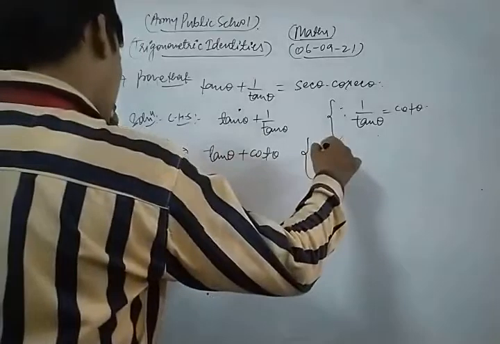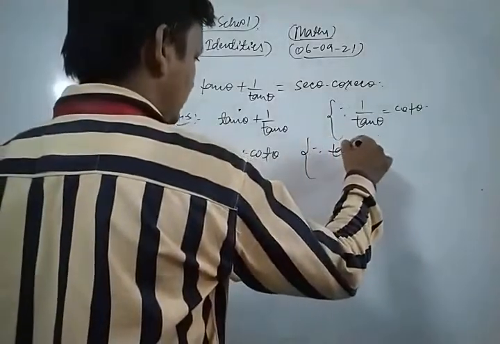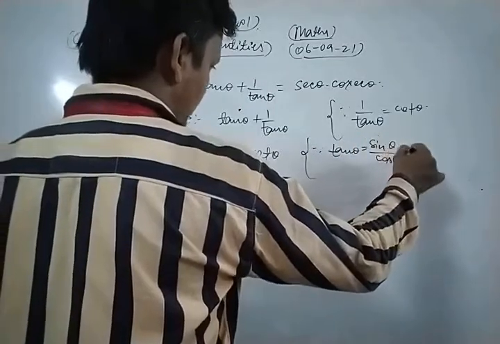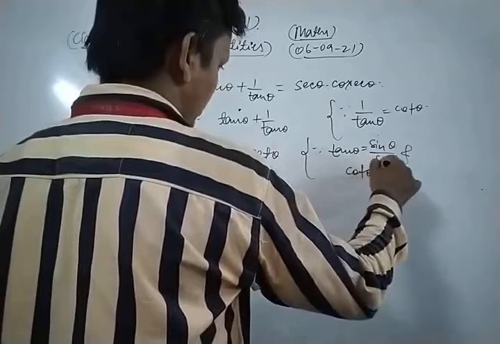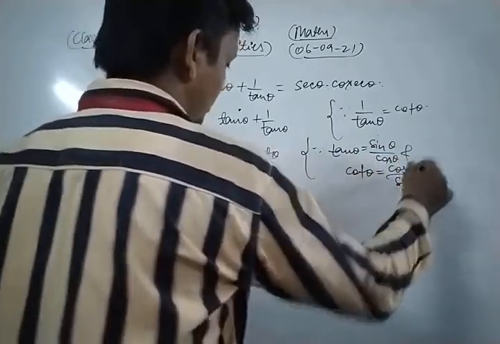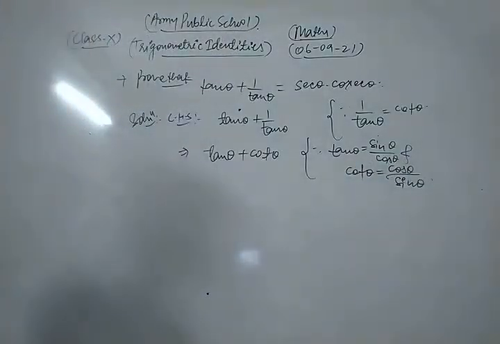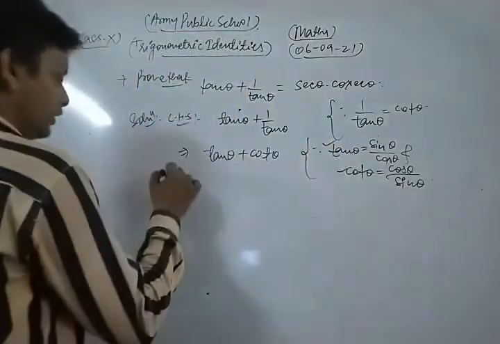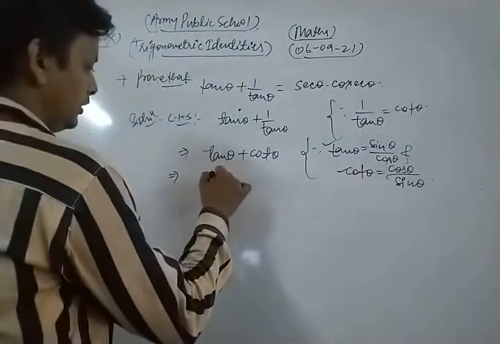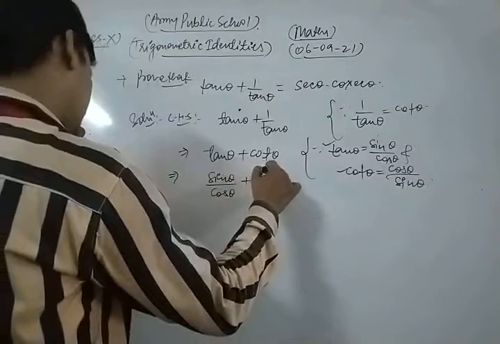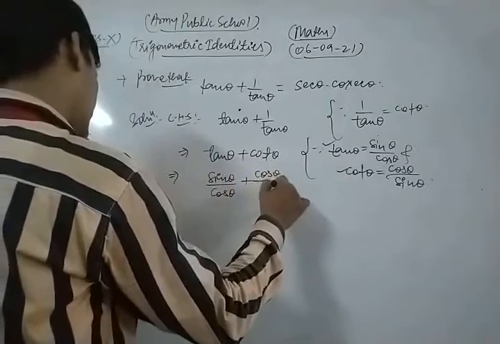Since tan theta is sin theta upon cos theta and cot theta is cos theta upon sin theta, we apply both formulas. So we get sin theta upon cos theta plus cos theta upon sin theta.